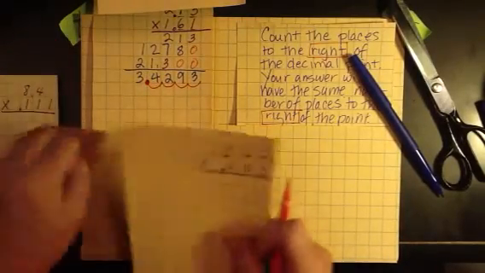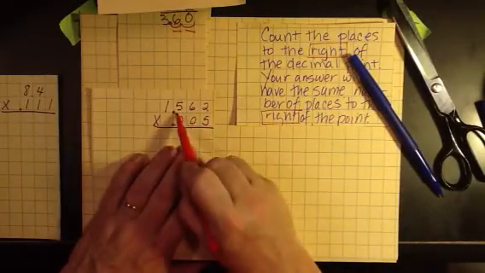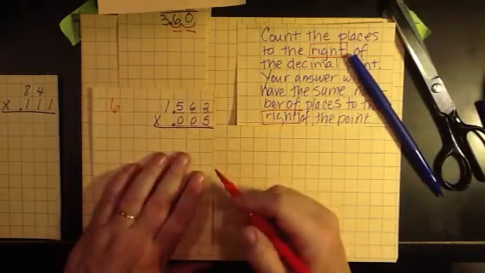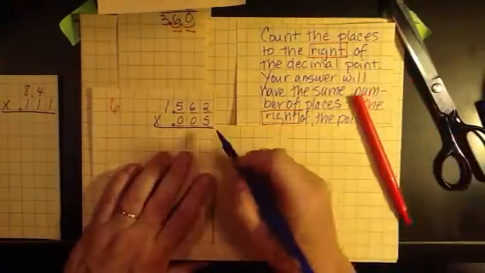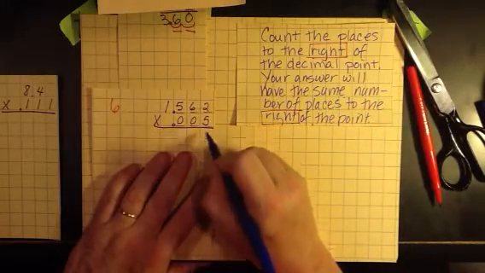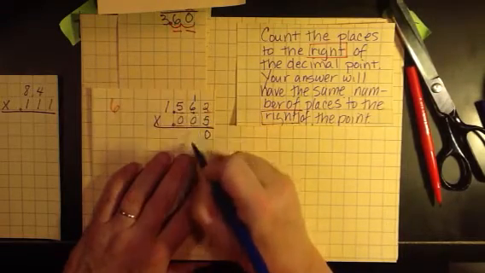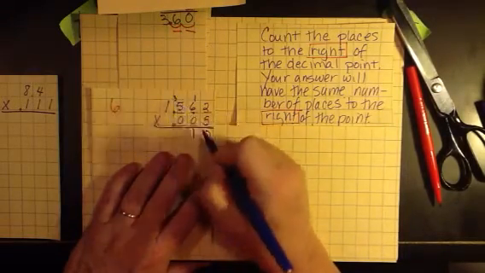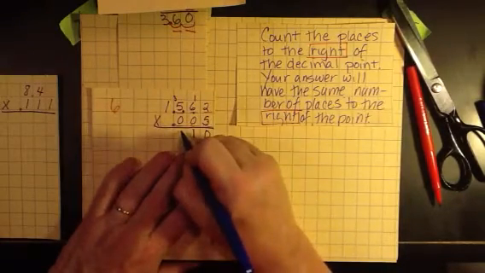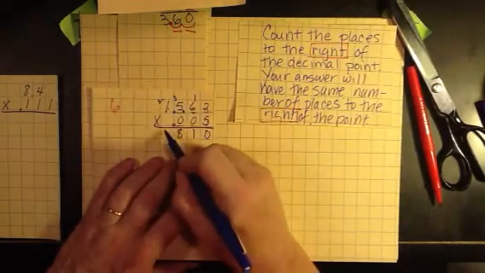Sometimes you'll have a problem that's a little bit different and it'll look like this. Here I have 1, 2, 3, 4, 5, 6, so I'll have 6 places. With this kind of multiplication problem, I don't have to worry about these, so I'll just do 5 times 2 is 10, carry the 1, 5 times 6 is 30, plus 1 is 31, carry the 3, 5 times 5 is 25, plus 3 is 28, carry the 2, 5 times 1 is 5, plus 2 is 7.